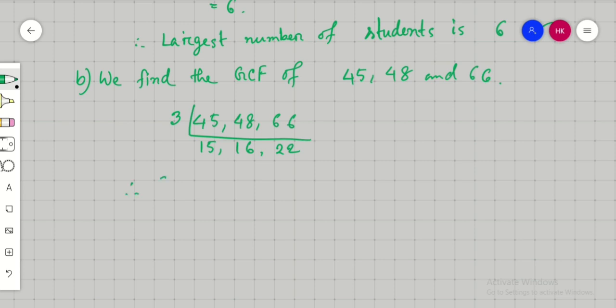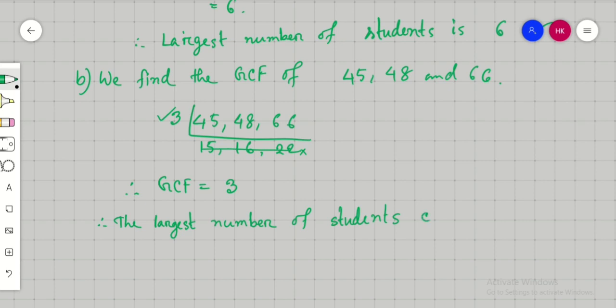So the GCF will be only 3, not these numbers, only 3. Therefore the largest number of students among whom the teacher can distribute the items is 3, which completes question B.